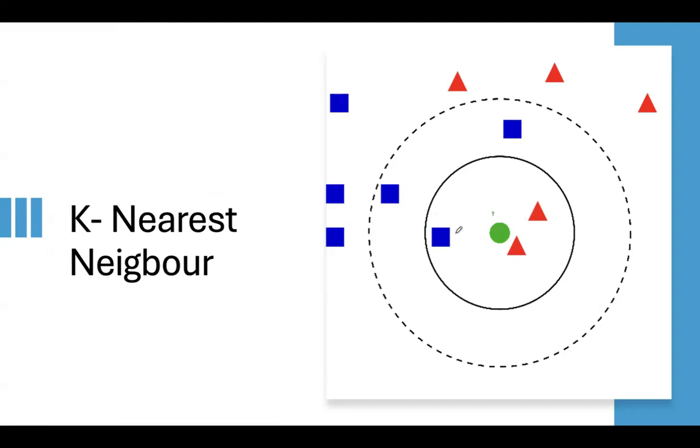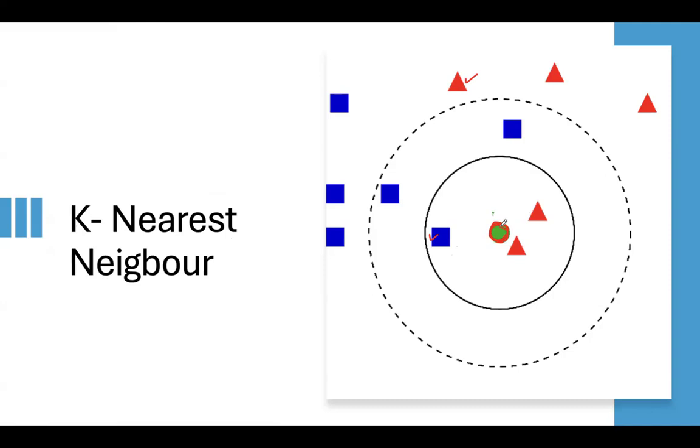For example, here I've shown you a graph. I've got a plot in which you have got red triangles and squares. And I've got a circle, which is the new data point. I want to find out whether this belongs to the class of triangles or the class of squares.